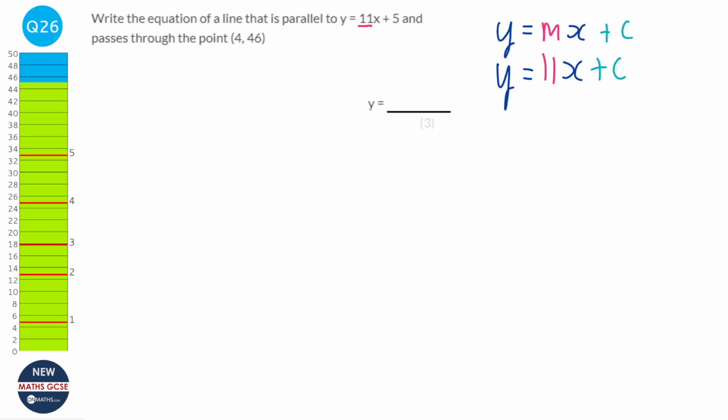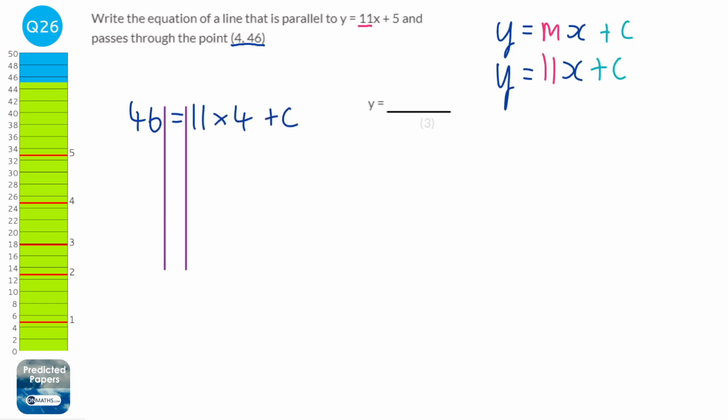So all we need to do now is find out what that plus c is. And what we're going to do is substitute in the values of x and y for the coordinate we're given on the line. So it's going to be 46 equals 11 times 4 plus c. And we just need to solve this. So first thing I'm going to do is just times the 11 and the 4 together to make 44.